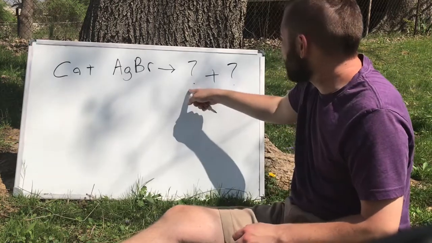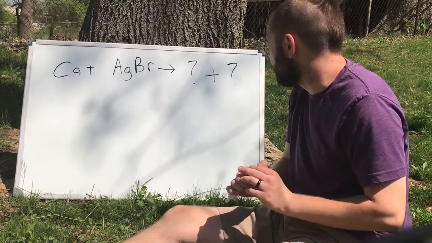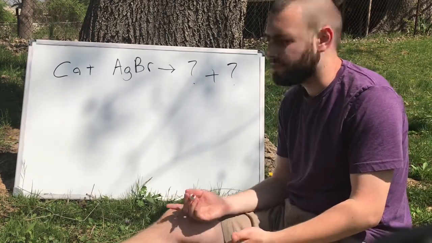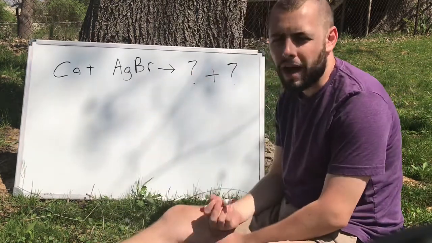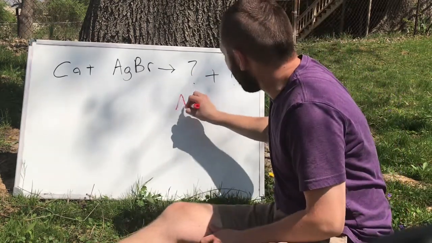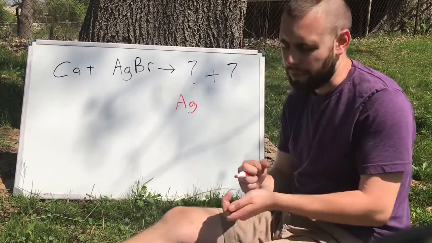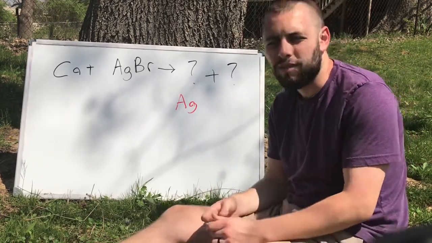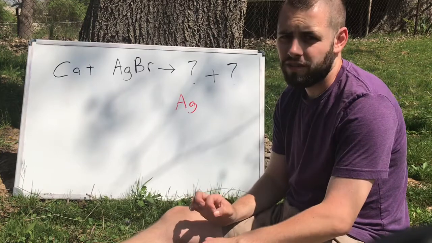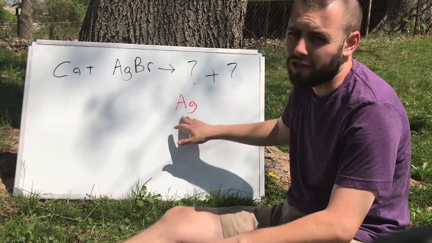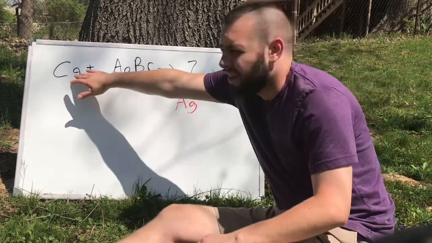So let's think first about what my elemental form will be. Calcium was by itself. Now silver is by itself. Silver's in its elemental form. This is good. Silver is more stable in its elemental form than calcium is.